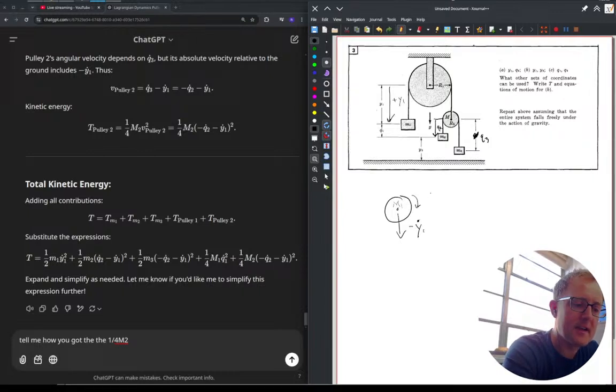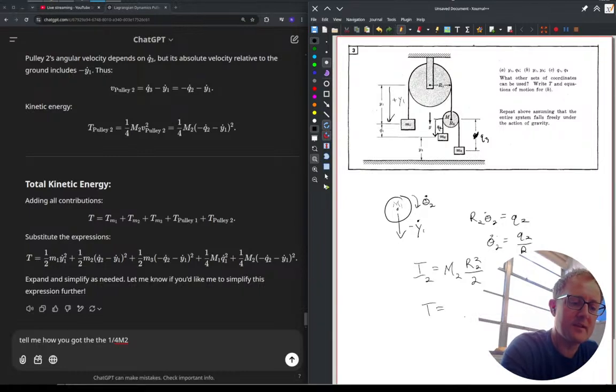And then it also has rotation, some kind of theta 2 dot, where r2 theta 2 dot equals q2. So theta 2 dot is q2 over r2. The disk will use that same capital M2 r2 squared over 2.